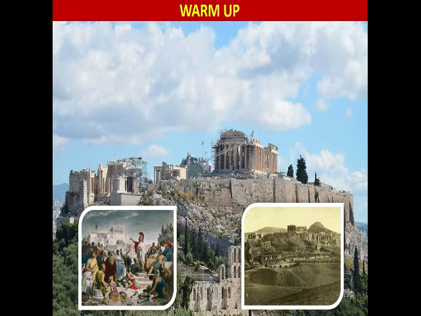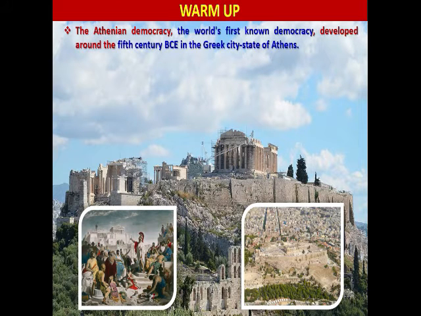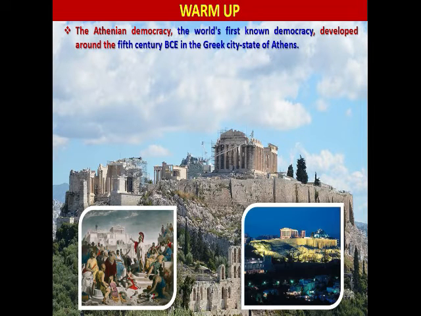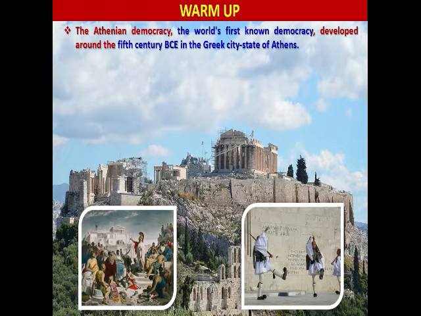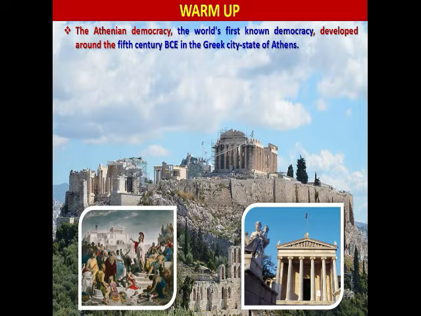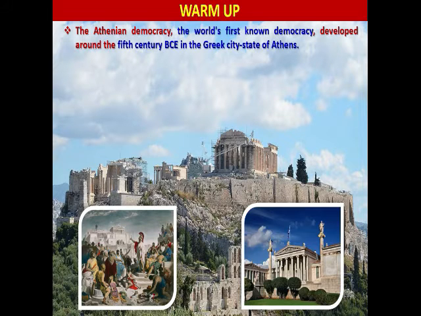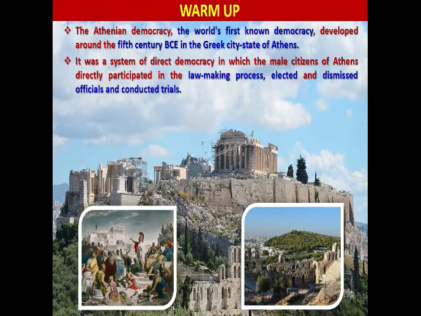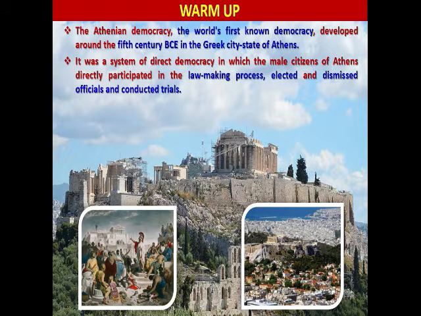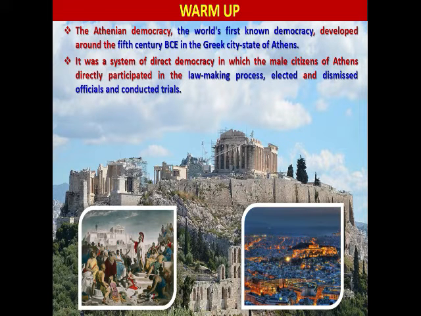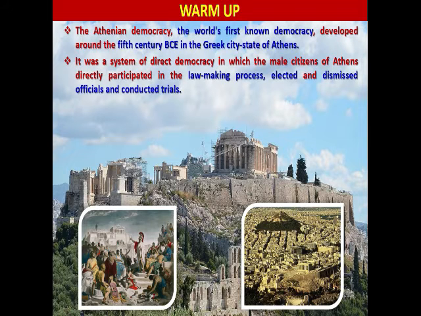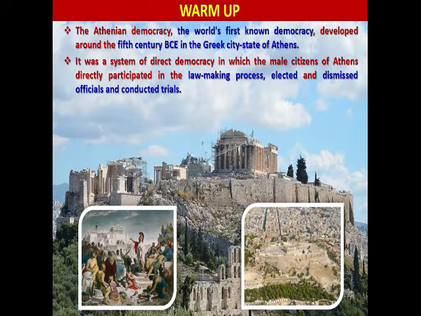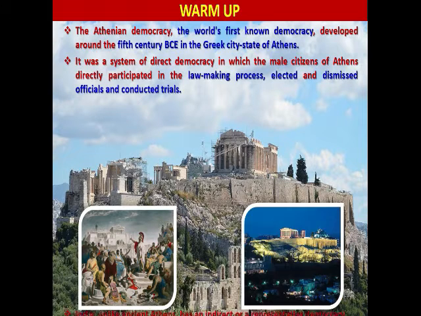A small warm-up for you. Athenian democracy, the world's first known democracy, developed around the 5th century BCE in the Greek city-states of Athens. It was a system of direct democracy in which the male citizens of Athens directly participated in the law-making processes, elected and dismissed officials, and conducted trials.